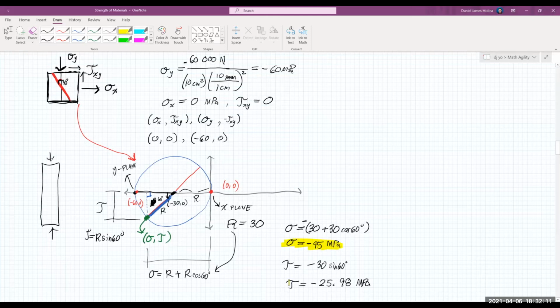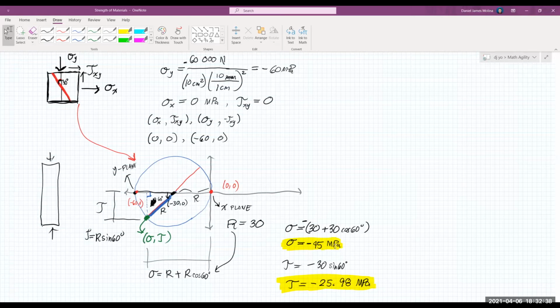The negative sign here will only indicate the rotation that will be caused by the shear stress, but it's actually of the same sense. It's still a shear stress. Okay. For the normal stress, it's negative, so it's in compression. So these are our answers for the fourth problem.